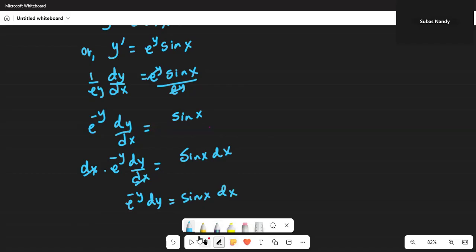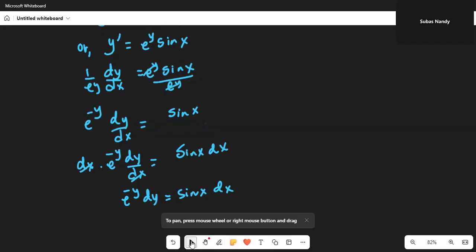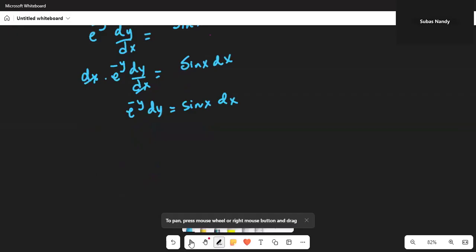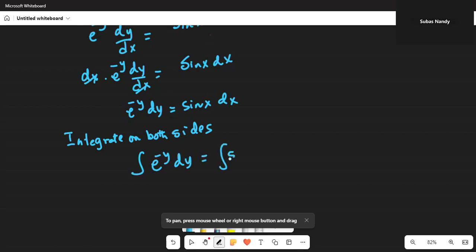Now integrate on both sides. We get the integration of e to the power of minus y dy is equal to the integration of sine x dx.